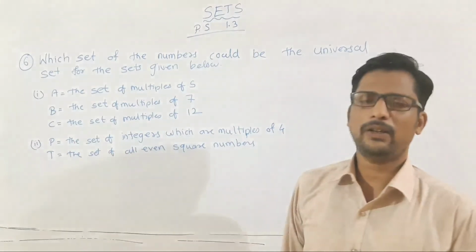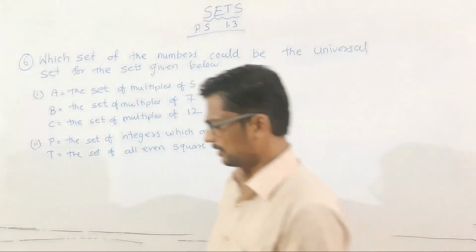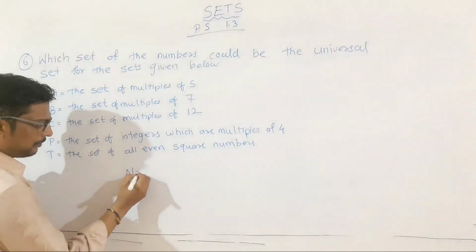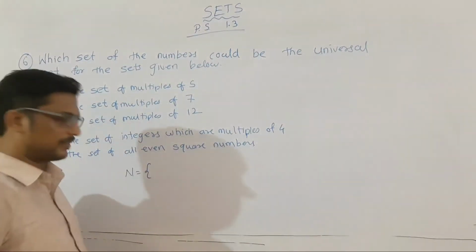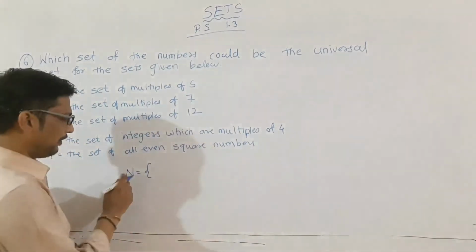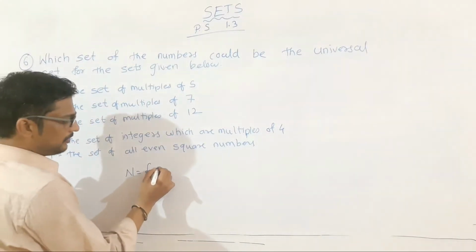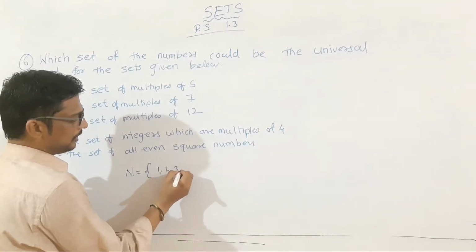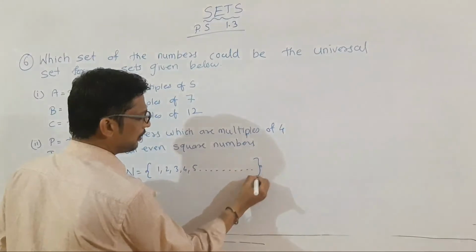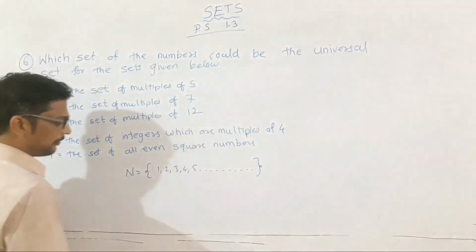Now, for choosing the universal set of numbers, let us see what we mean by natural numbers. The natural numbers are always denoted by capital N. It starts from 1, 2, 3, 4, 5, and goes on till infinity.